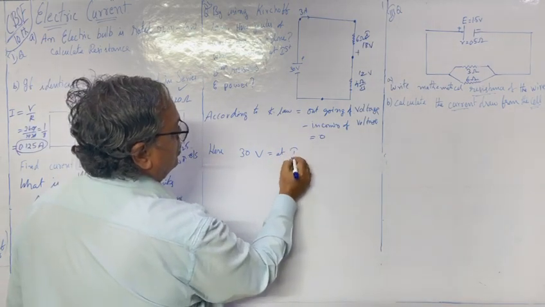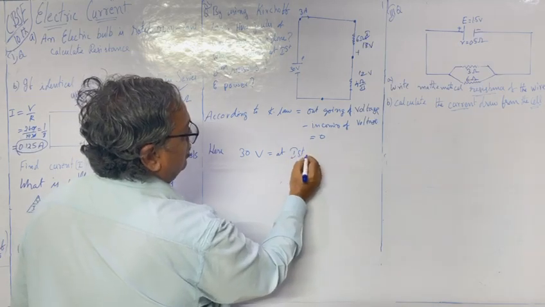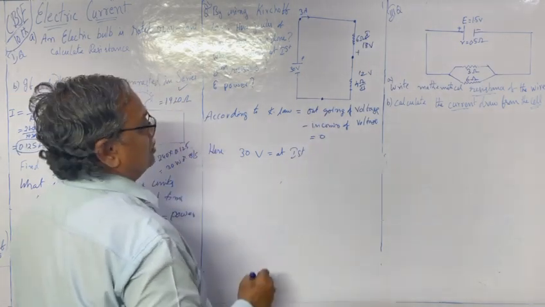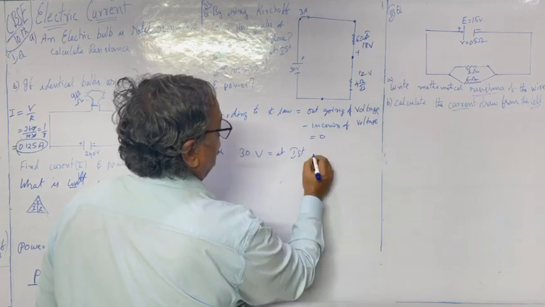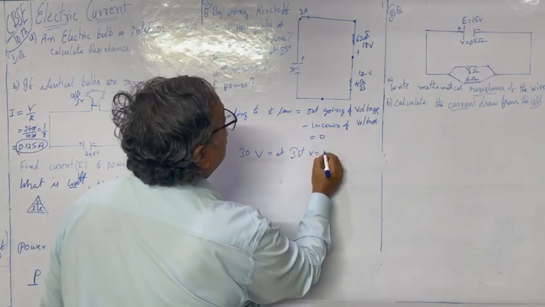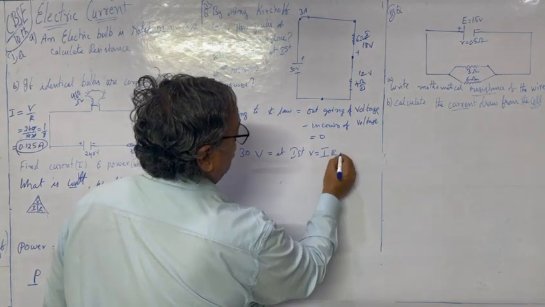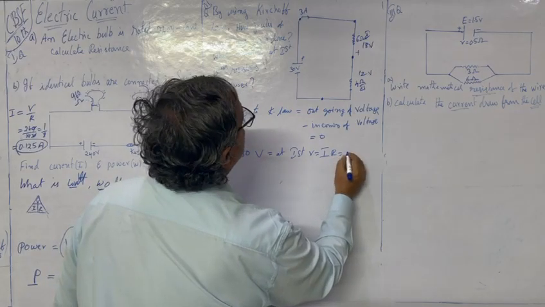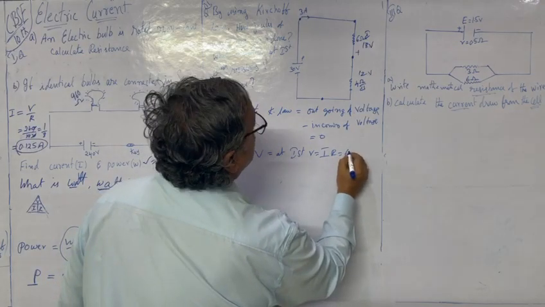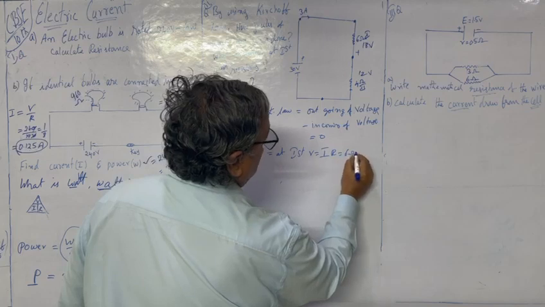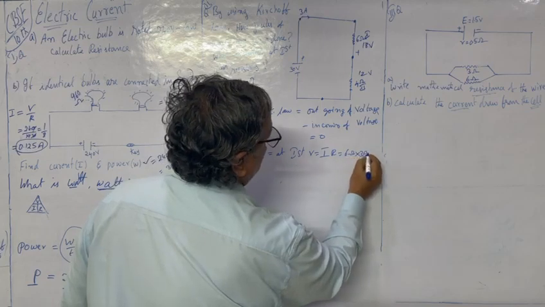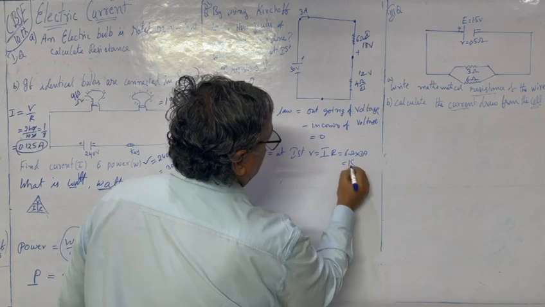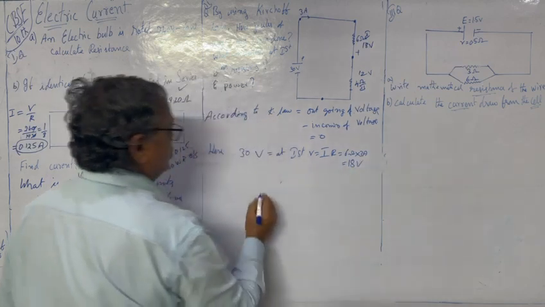At first, for the first resistor, what is V? V is equal to IR, which is 6 ohms into 3 amperes, equal to 18 volts.